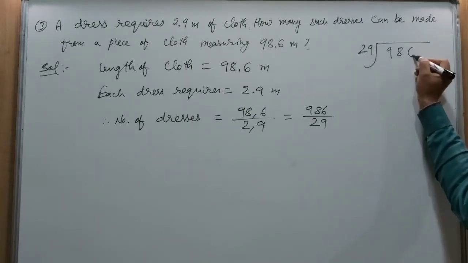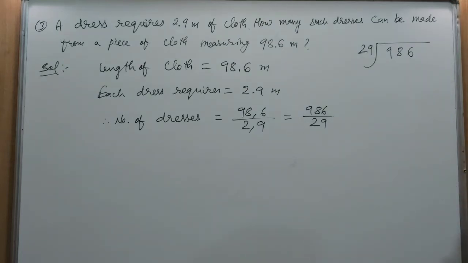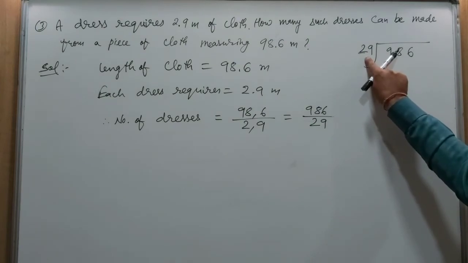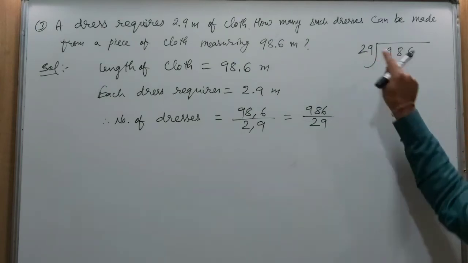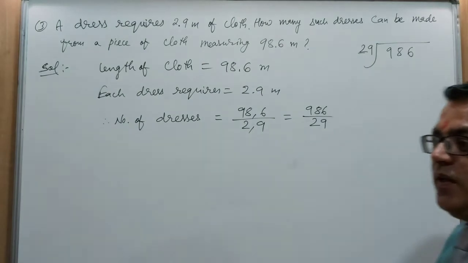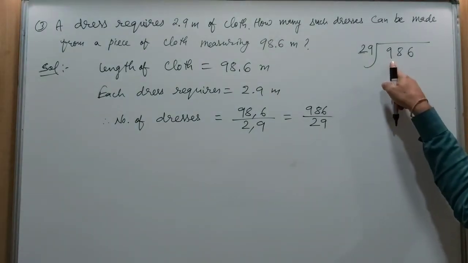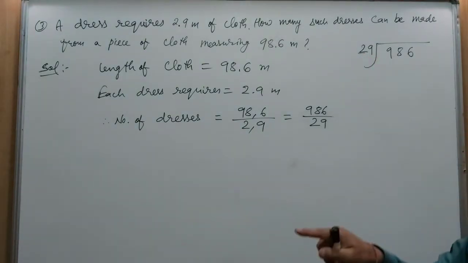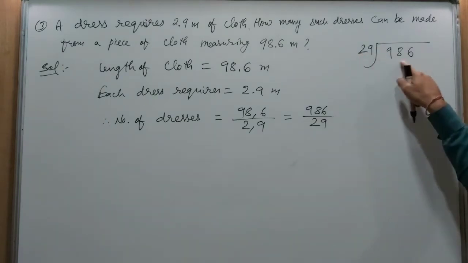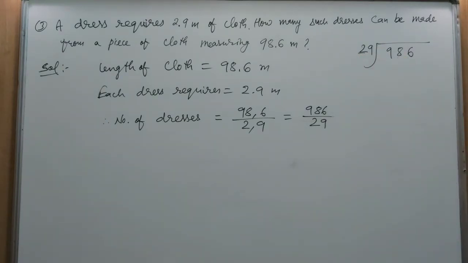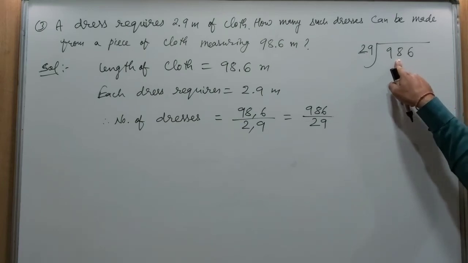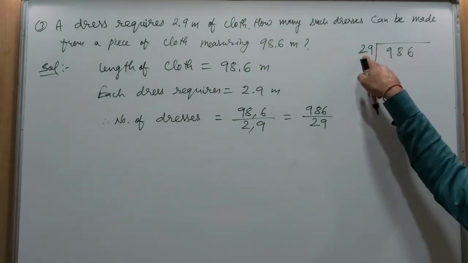So let's start dividing now. Right? So here is 29. Rule says that only in one digit we can divide at one time. So here 9 is there. We know that 9 is much less than 29, so we can take two digits together in the starting. So 98 is here and 29 is here.